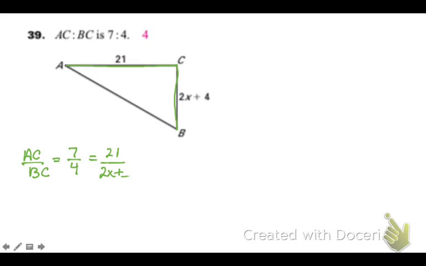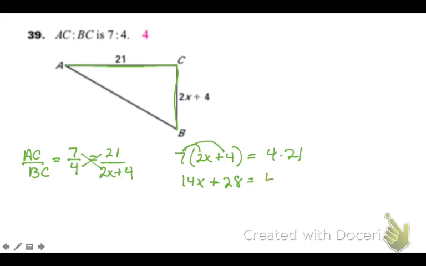Not 5, 4. How can I say one thing and write another? Okay, so we're going to cross multiply. 7 times 2x plus 4 is equal to 4 times 21. So we distribute. 7 times 2x is 14x, plus in the middle, 7 times 4 is 28, is equal to 4 times 2 is 8.